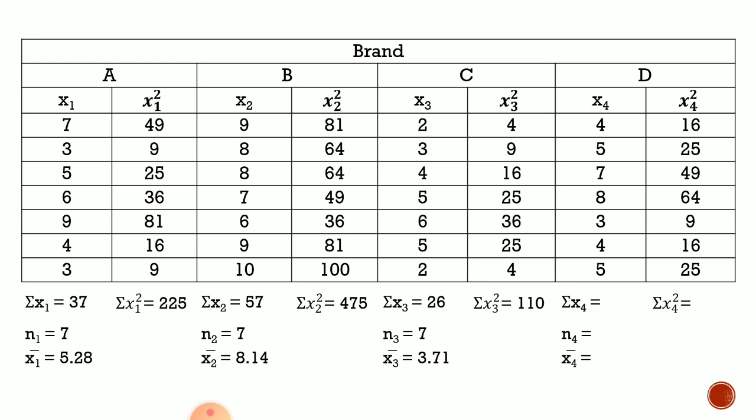And for the last group, the summation of x sub 4 is equal to 36. Then the sample size is equal to 7. So the mean now is equal to 36 divided by 7, which is equal to 5.14. And the summation of x sub 4 squared is equal to 204.